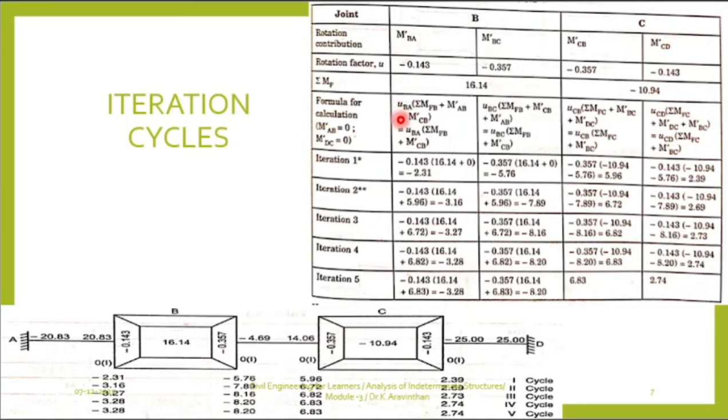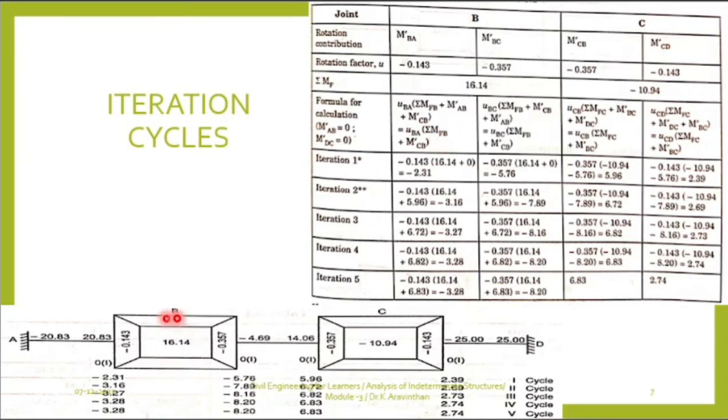UBA. What is the contribution of MBA? Minus 0.143, isn't it? So it is written as minus 0.143 and the summation of fixed moment at B.